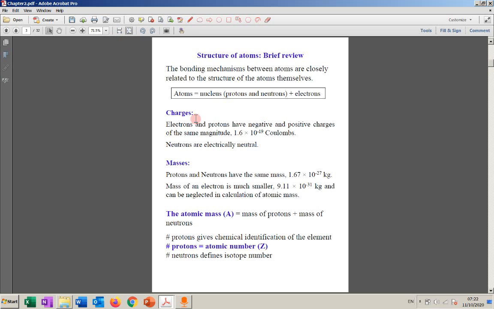Now when we're talking about atoms, basically we mean nucleus plus electrons. Now this is an atom we're talking about. The nucleus is basically made of protons and neutrons, and electrons are basically surrounding the nucleus.